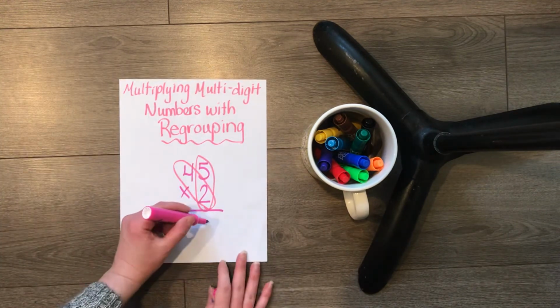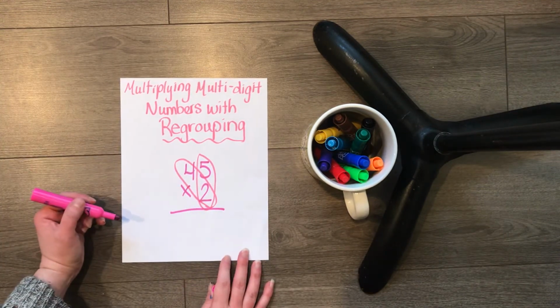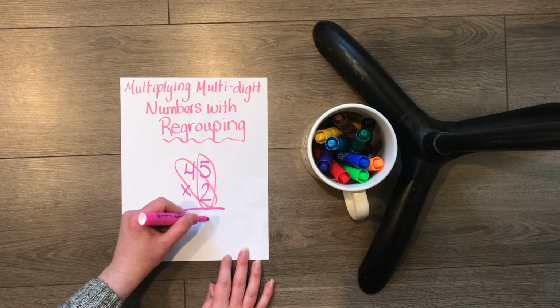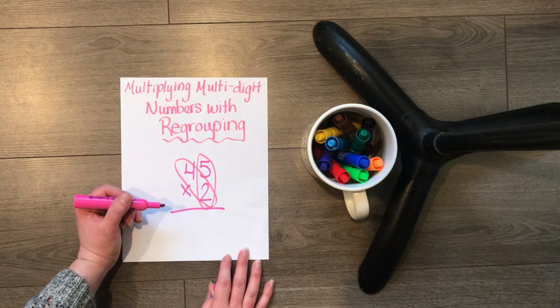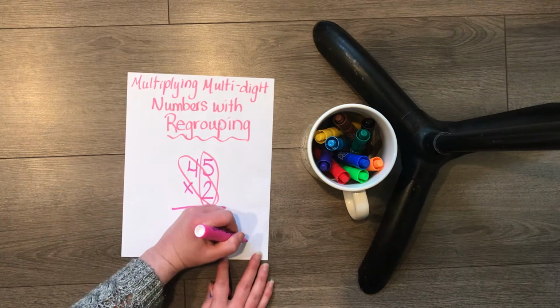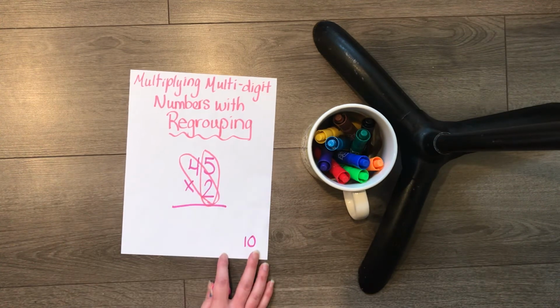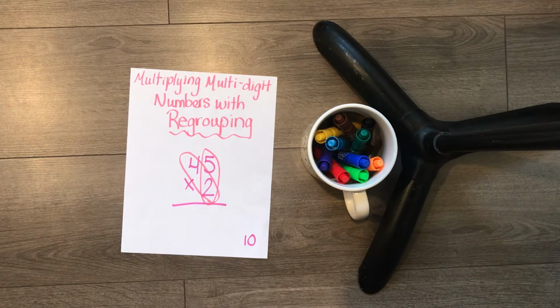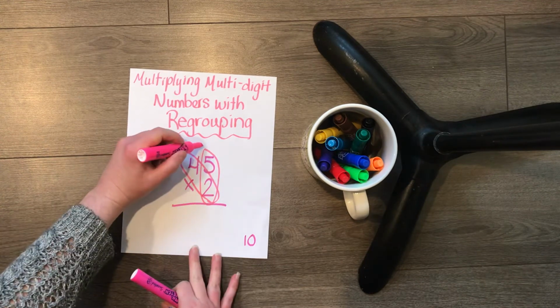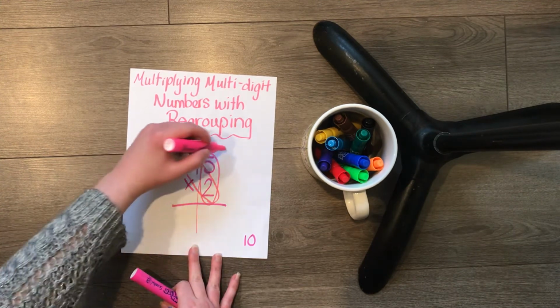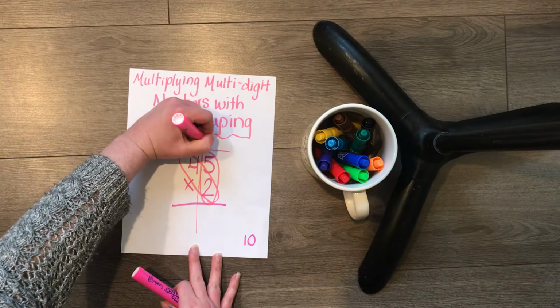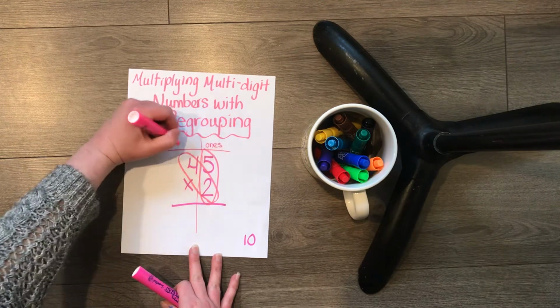I'm going to write down my answer. Now I know I can't write 2 numbers down here for my answer. Let's take a look at the number 10. Let's split this up into the ones column and the tens column.